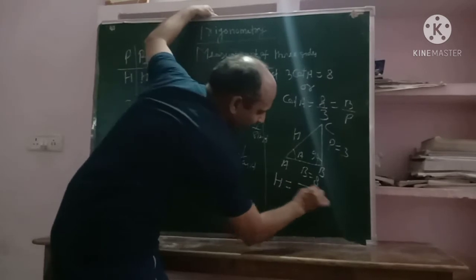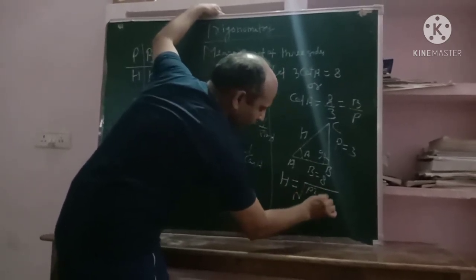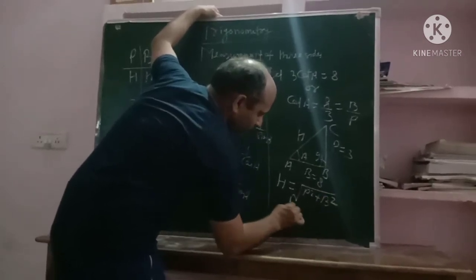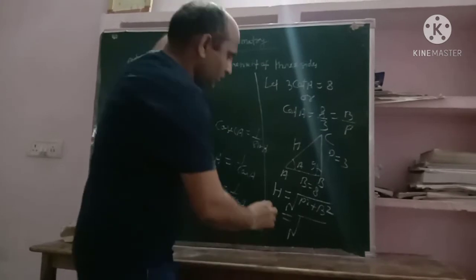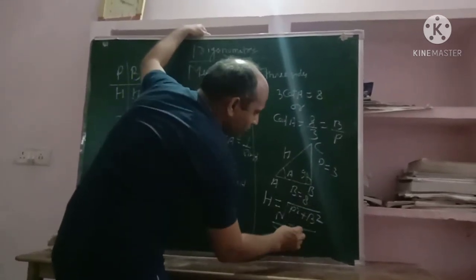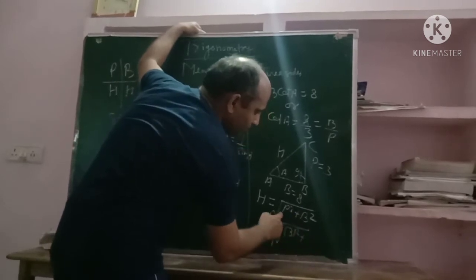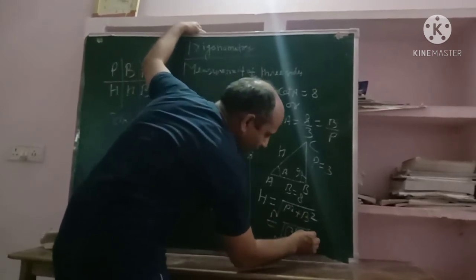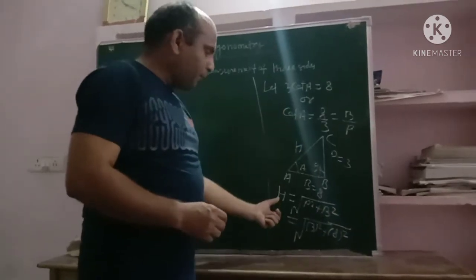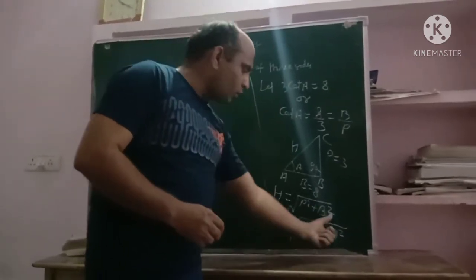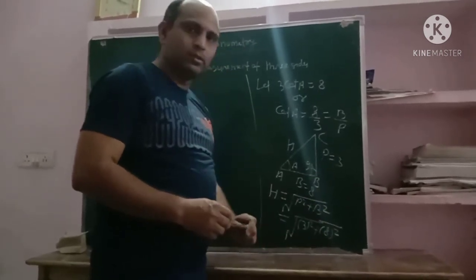How? So hypotenuse side is your P square plus B square. Now, the value of P is 3 square plus B is 8 square. Hypotenuse is equal to square root of 3 square plus 8 square.